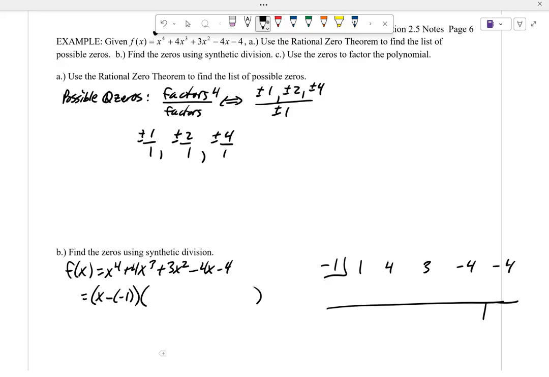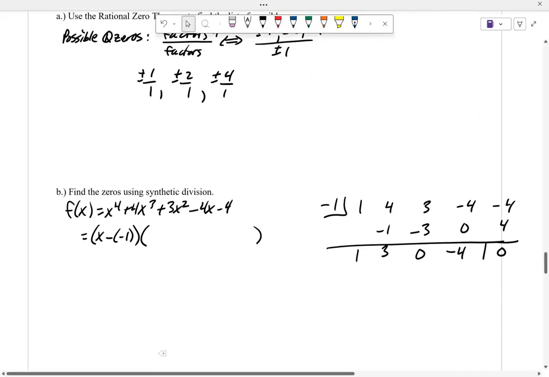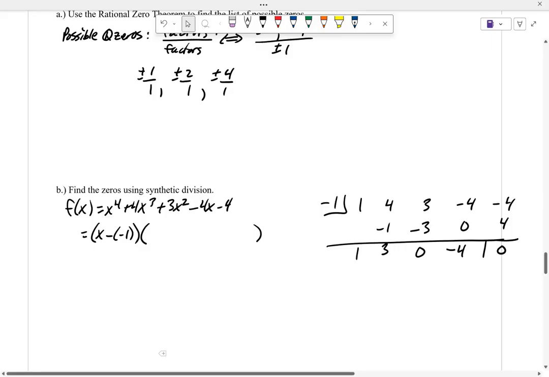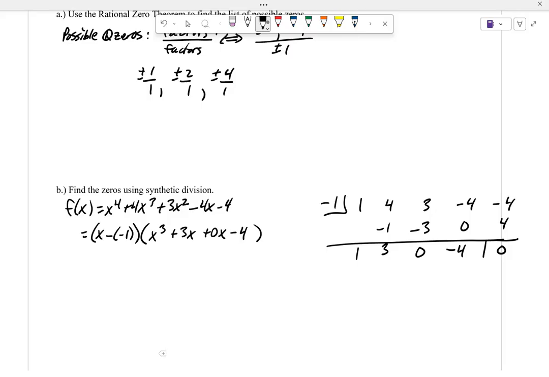Drop that one. Hey, it is a 0. So it'd be 1x to the third plus 3x squared plus 0x minus 4.